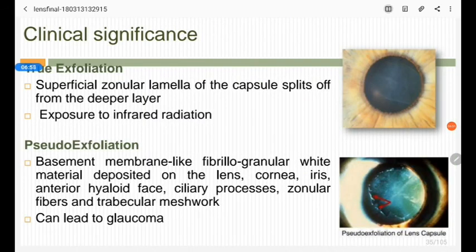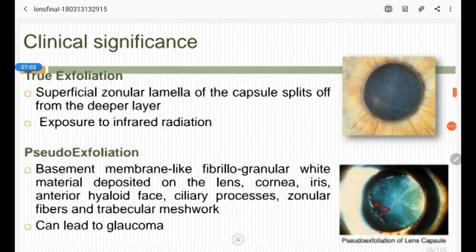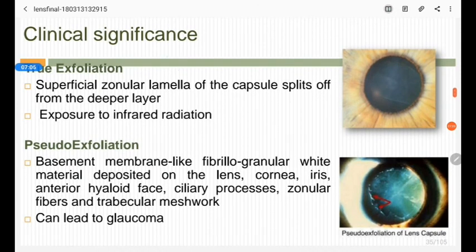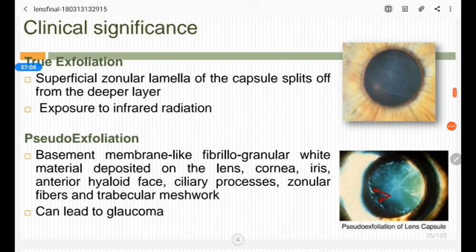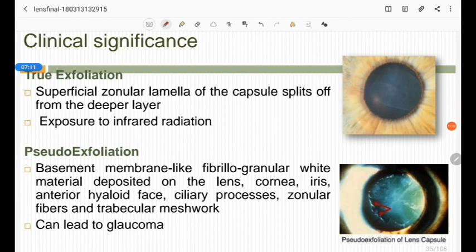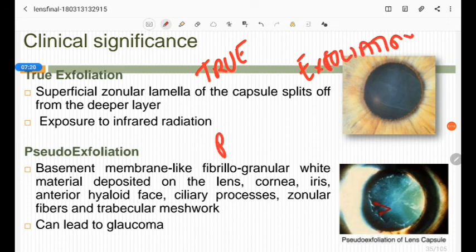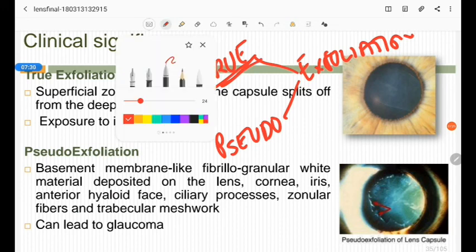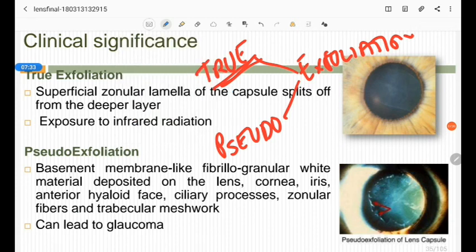With regard to diseases affecting the capsule, you should know that there is something called as true exfoliation and pseudo exfoliation. So true exfoliation is actually seen in glass blowers because of a true exposure.